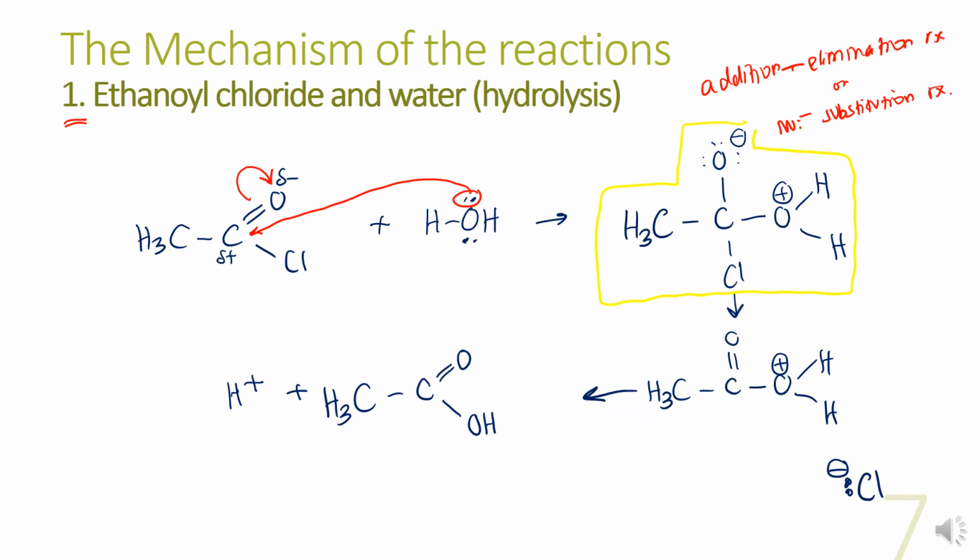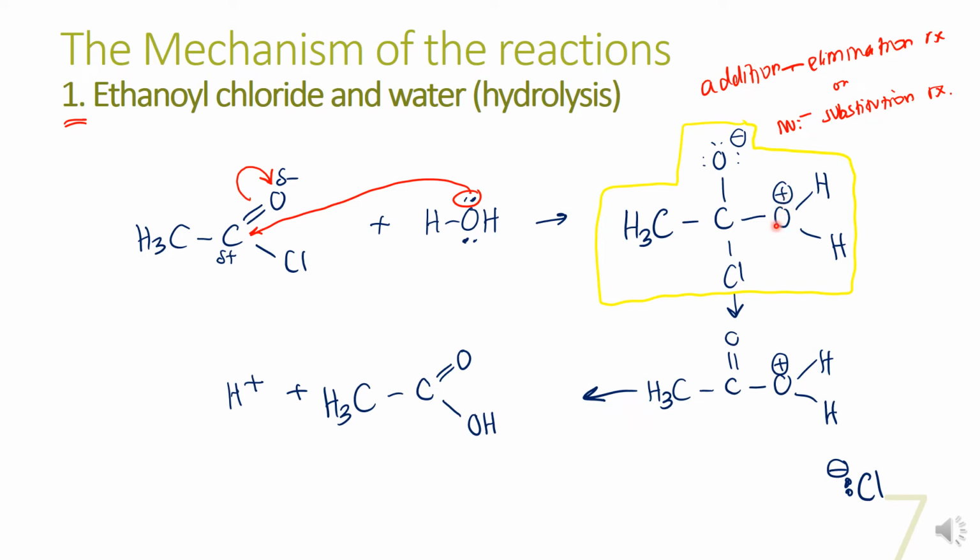What you need to notice here is that the O will have a negative charge because of the addition of the electrons, and the whole water molecule will attach to the carbon. Because this oxygen is supposed to have two bonds but now has three, this oxygen bears a formal positive charge.